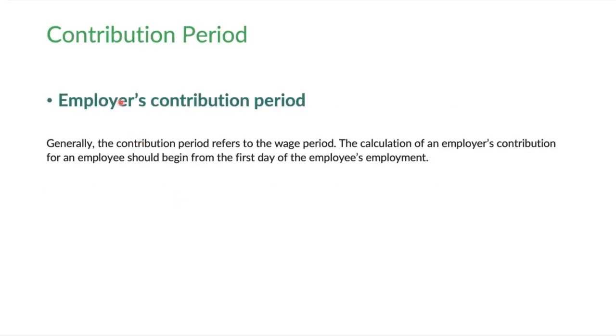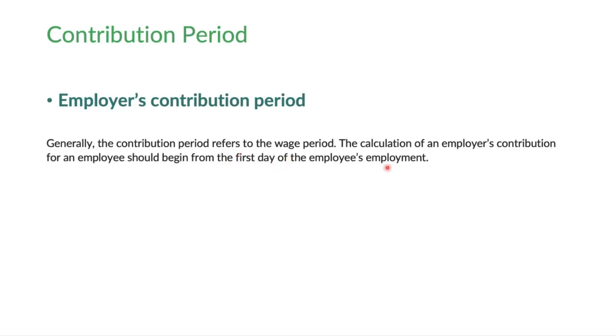Then also the contribution period, right? When is the employer contribution period? This is very important. How much they are contributing, we have discussed. Now, what is the contribution period? Generally, the contribution period refers to the wage period. The calculation of an employer's contribution for an employee should begin from the first day of the employee's employment.